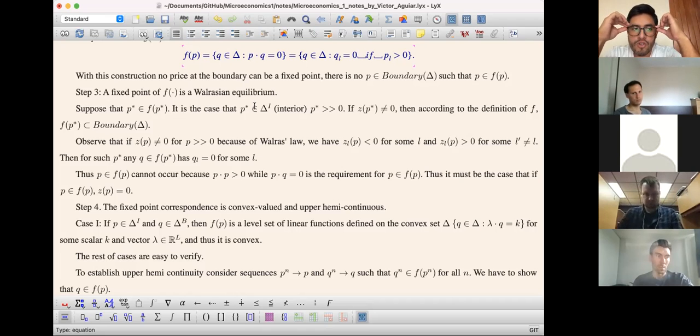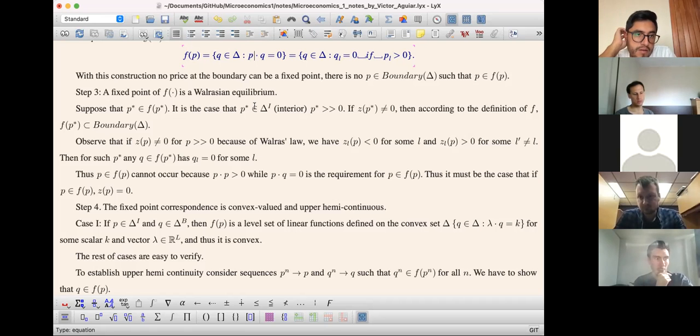Then according to the definition of F, it has to be that F of P star is strictly inside the boundary. So if you are not in equilibrium, then this thing has to be inside the boundary. That means that if you are outside equilibrium, you are not going to be a fixed point.